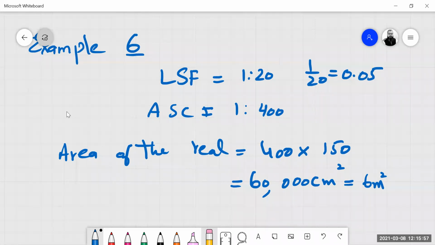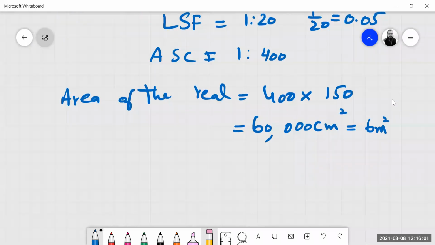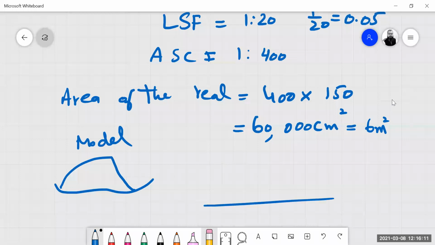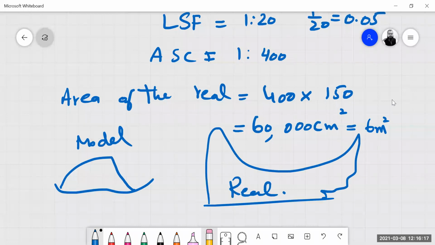Okay, sir, can you give us another example? Okay, wait. For example, this is a yacht model, and this is the real one. Real is big. This is the model which an engineer made.